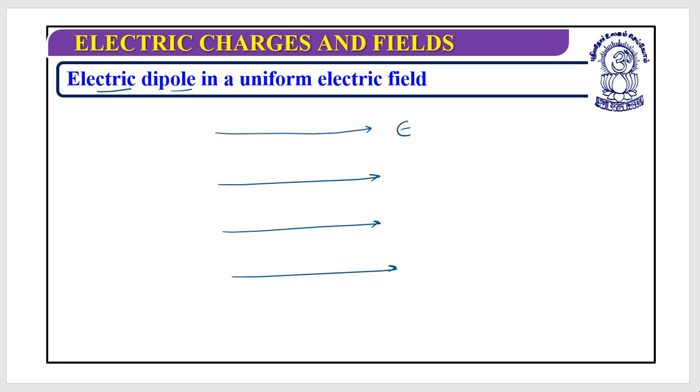Their separation is approximately equal, and I have put up a dipole. This is the dipole. This is the minus q charge. This is the plus q charge. Let's say this is the reference line, and this is the angle theta.